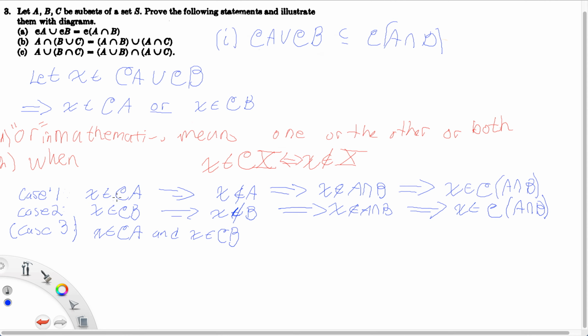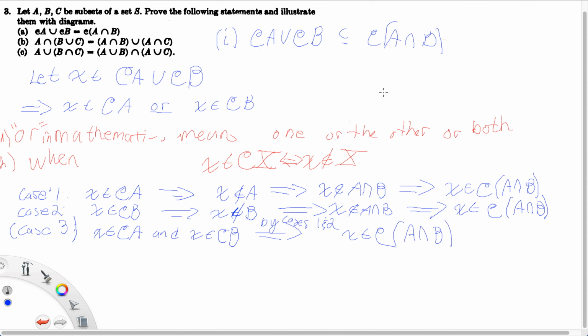Since x is in the complement of A, all of these implications hold, and since x is in the complement of B, all of these implications hold. So it can't possibly be in A intersect B, so therefore x must be in the complement of A intersect B. So I'll just say this implies, by cases 1 and 2, that x is in the complement of A intersect B.